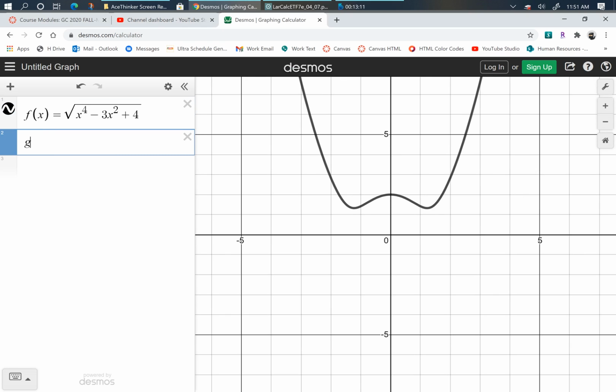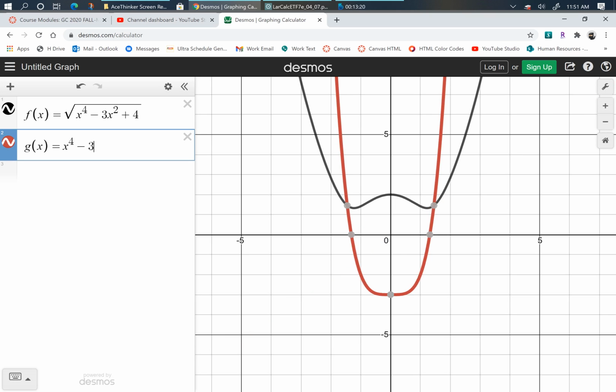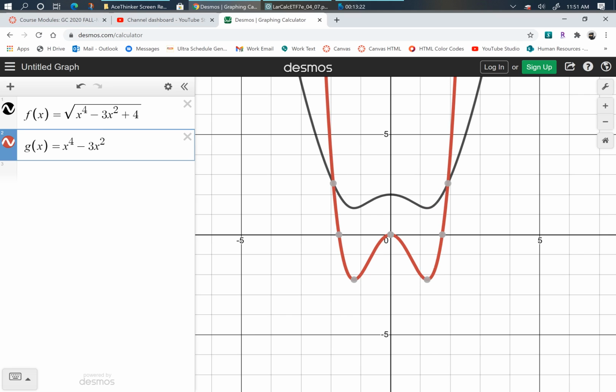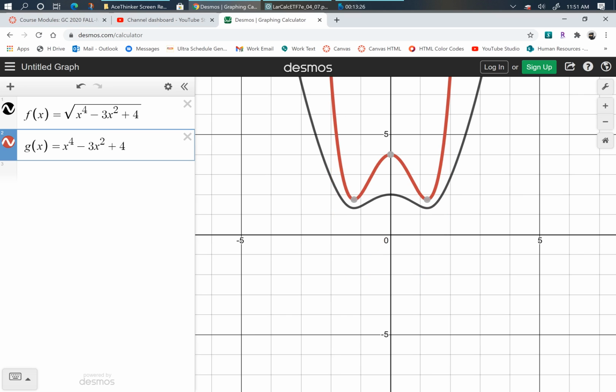If we just graph the inside of that function, that is x raised to the 4th minus 3x raised to the 2nd plus 4, while the y values are not the same, you will see that that graph also has the same x values for the minimums.